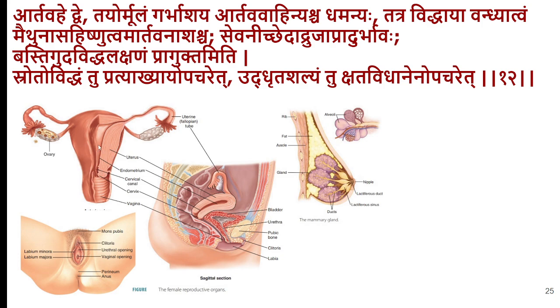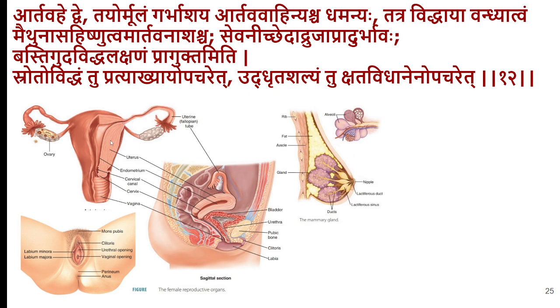So the endometrium has two components, the proliferation component, and the next is the separation and the excretion component. Now these are the two phases of the menstrual cycle which are considered as the two srotas there, and they are regulated by the artavaha dhamani.